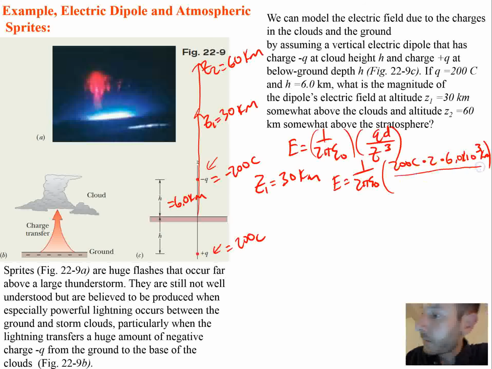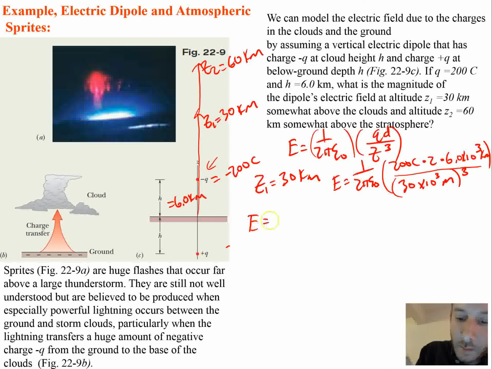All right, this is all divided by z cubed, which is 30 times 10 to the 3 meters, and that's going to be cubed. Okay, so plugging this into a calculator, we see that our electric field is going to be 1.6 times 10 to the 3 newtons per coulomb.